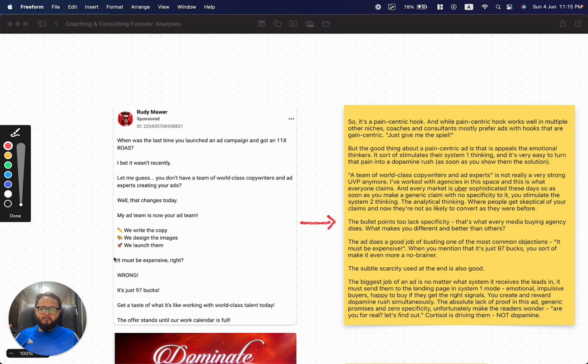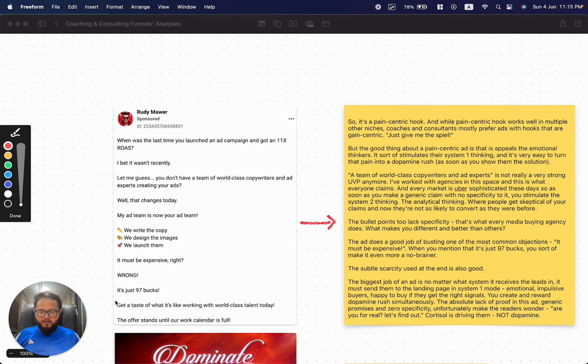Launch a preemptive strike at all the possible objections, at least the most common ones. One of them is that it's expensive. Second is it's not going to work, right? You've already handled that to a certain extent, but then you handle this objection too, so this is very good.